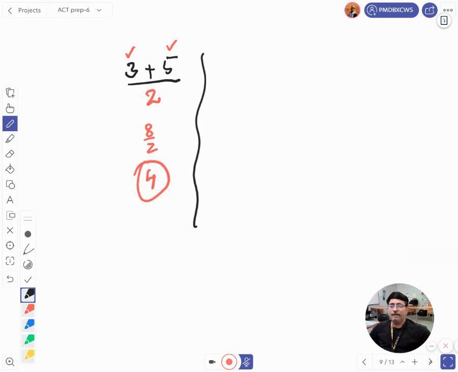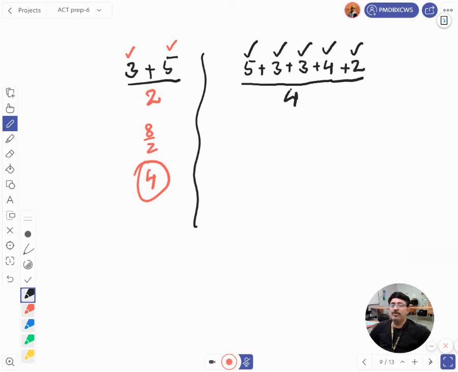Let's say you got 5 in one test, 3 in another, 3 in another, and 4 in another. How many elements are you taking? 1, 2, 3, 4. So division by 4. If you take another test also, then there are 5, so you have to take the denominator 5. This is how we compute the average.